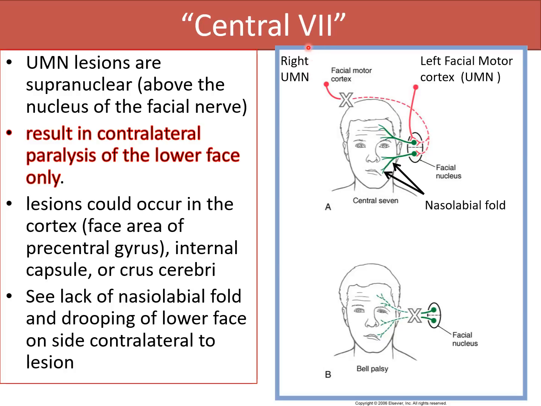As a result, damage on one side to the corticospinal tract, or rather the corticobulbar tract, will produce lower facial paralysis, a lack of the nasolabial fold, but a person is still able to wrinkle the upper portion of their eyebrows and forehead.